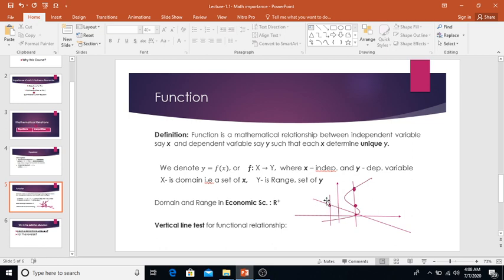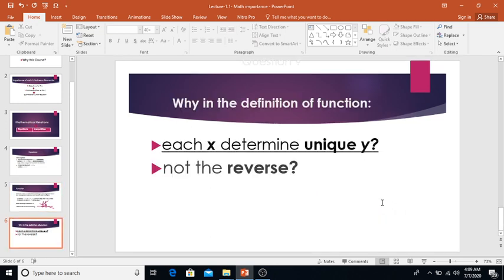You can see this straight line, this is a function, but this one is not a function. So in the definition we use x determines unique y, not the reverse.